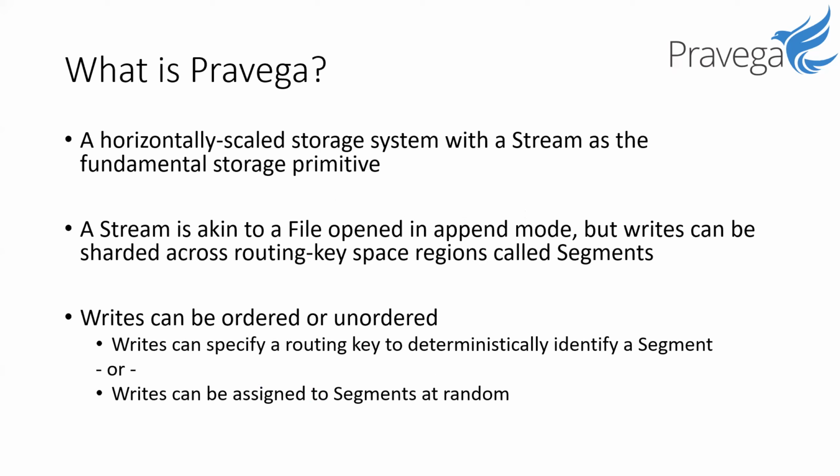These regions we call segments. And writes can be ordered or unordered. Writes can specify a routing key to deterministically identify a segment, or writes can be unkeyed and assigned to segments at random. Very similar to other horizontally scalable message systems.